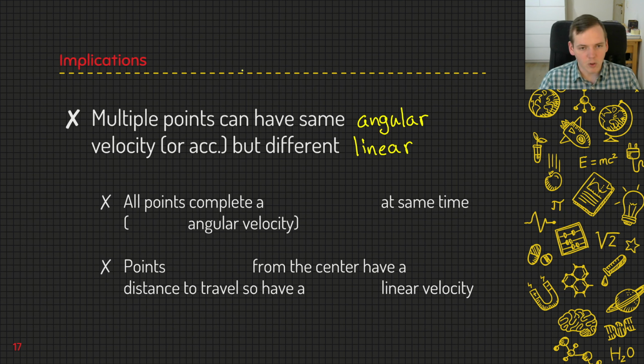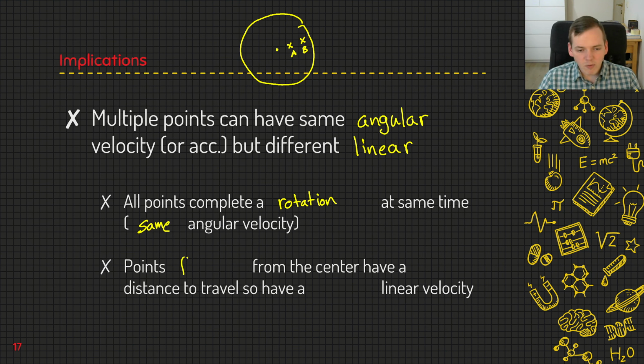So for example, if you have a disk like this, and I have a point here and a point here, we'll call them A and B, they both have to go around a complete revolution or rotation at the same time, right? A can't go faster than B if they're both stuck to this disk, because otherwise the disk would shred apart and fly into pieces. So they have the same angular velocity.